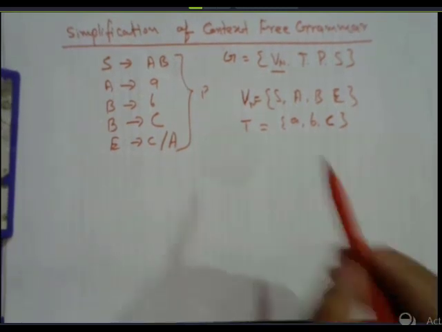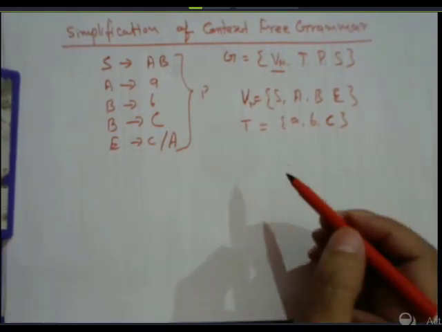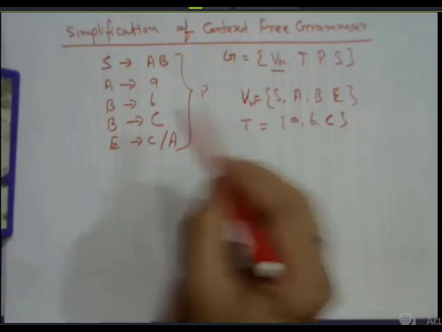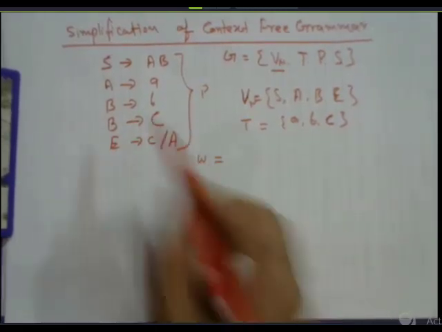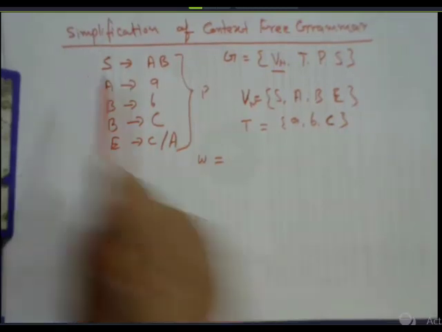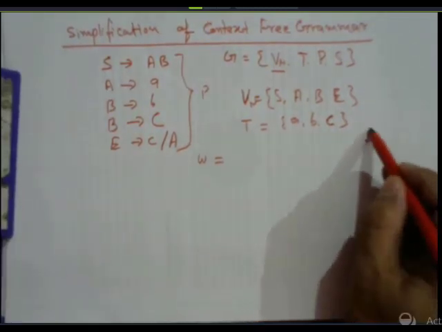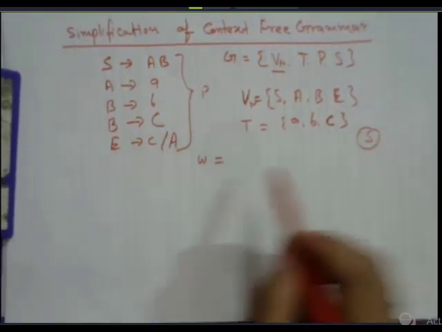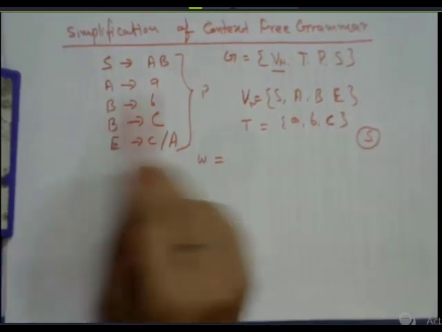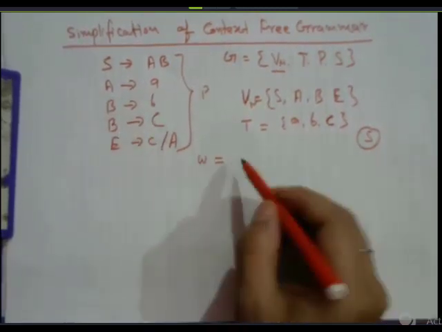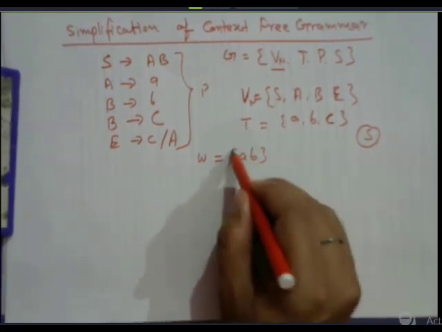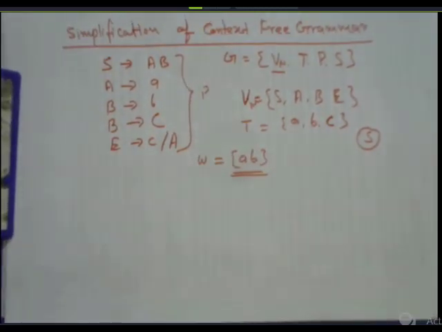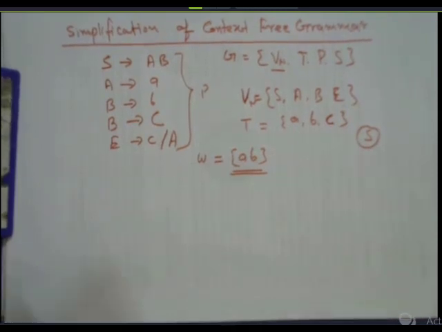The problem is, if you want to derive the language of any string W from this particular grammar, then what is the W of that grammar? If you start from S, then the language you can derive is only AB. This is the only string which you can derive from that grammar.